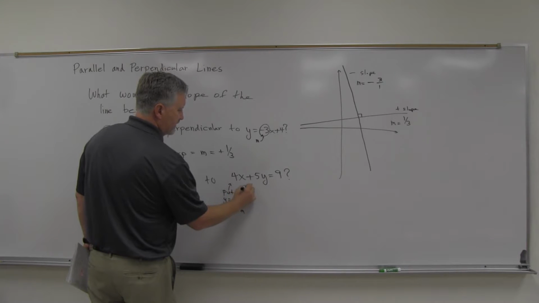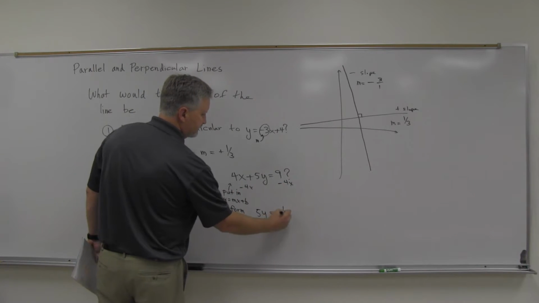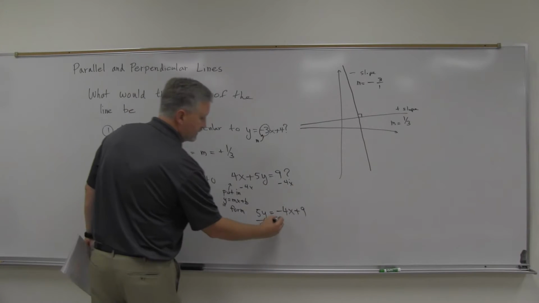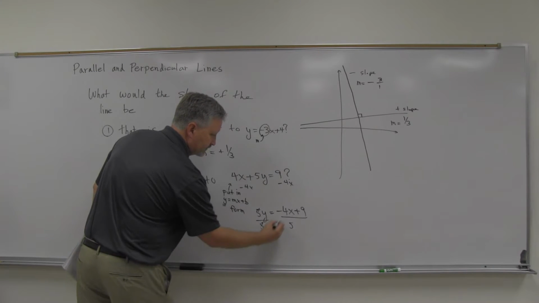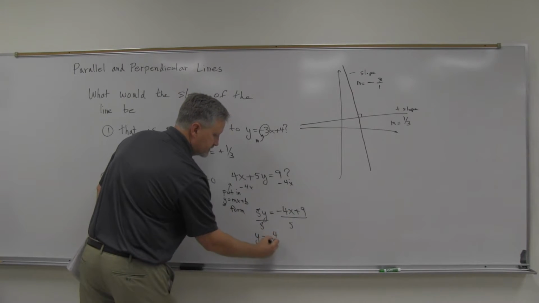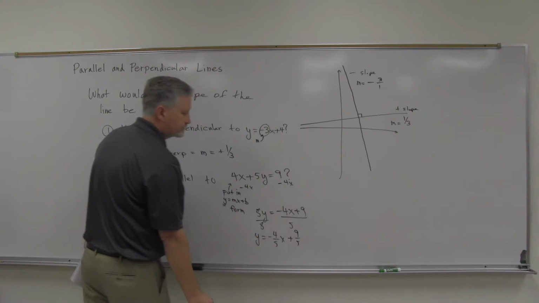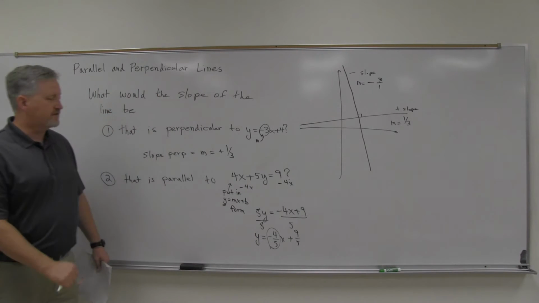Well, I'm going to subtract 4x from both sides. So that'll make it 5y equals negative 4x plus 9. Then divide by the 5 to get the y by itself. So y equals, and then, like I said, both of those divide by 5. And so the slope of the line that we're given is negative 4/5.